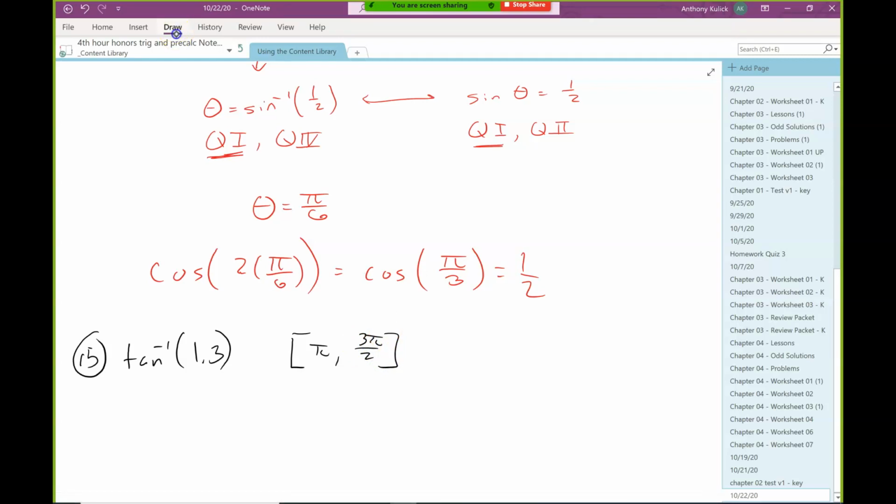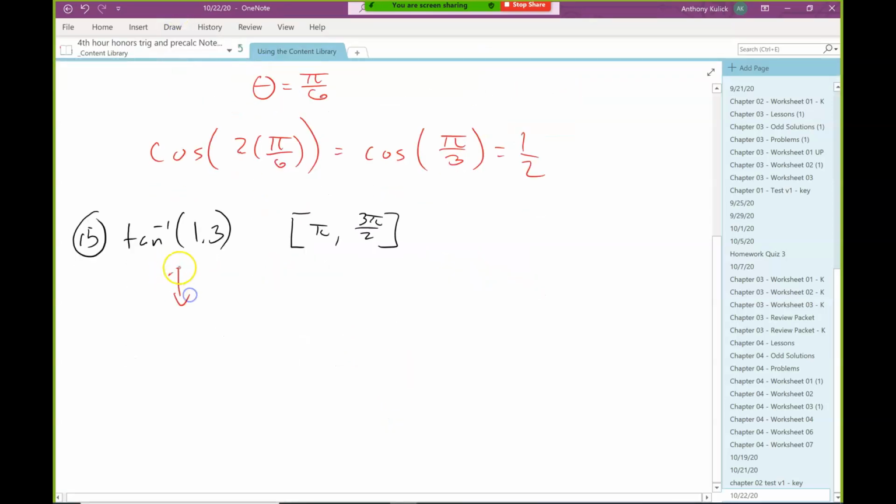Okay? So this is basically saying tan inverse of 1.3, and we know that this is equivalent to saying tan theta is equal to 1.3.